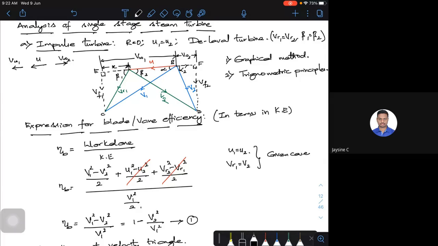X is equal to VW1 minus U. So cos beta 1 is equal to x divided by VR1, because this is the adjacent side by the hypotenuse.